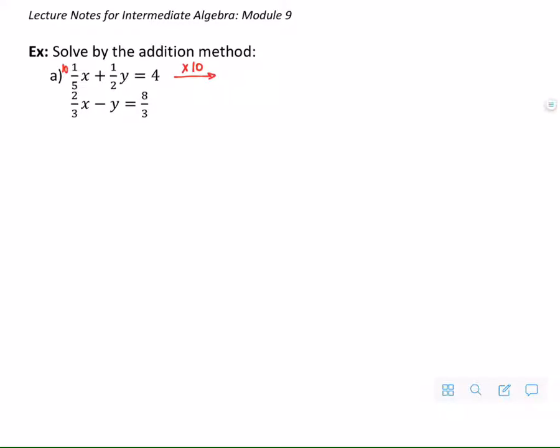So the first term you get is 2x. What happens when you multiply 10 times 1/2 y? 5y. And what happens when you multiply 10 times 4? 40. That's an equivalent equation with no fractions.